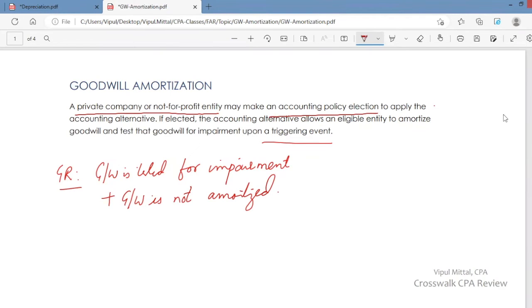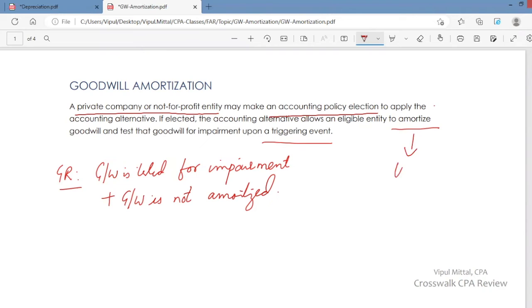So if the entity has negative cash flows or its cost is increasing, competition is increasing, declining cash flows, all these are triggering events. And if there is a triggering event, then goodwill should be tested for impairment also. But the entity has to amortize goodwill. And the entity should amortize goodwill on a straight line basis.